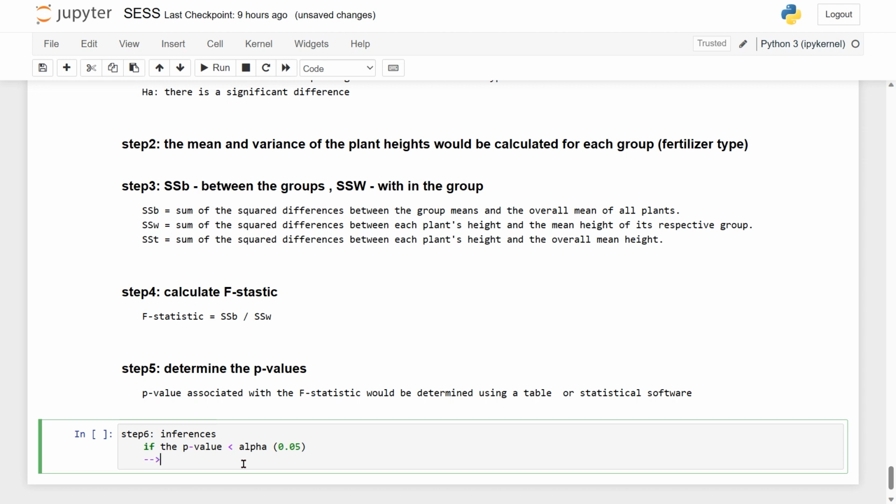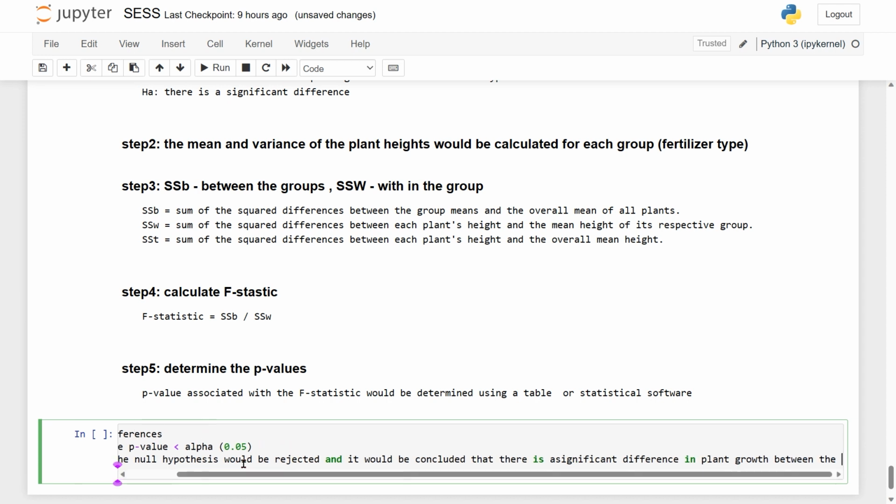The null hypothesis would be rejected, and it would be concluded that there is a significant difference in plant growth between the three types of fertilizers.